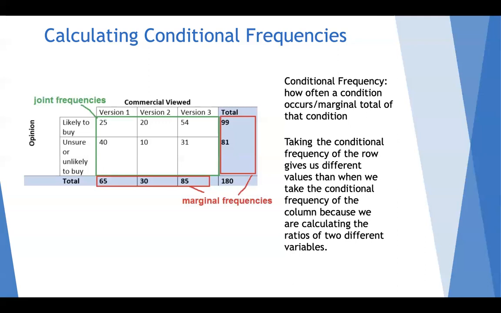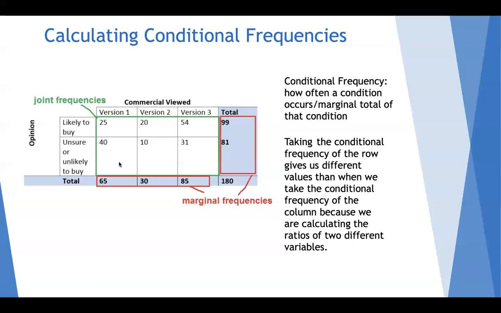So this value is given in relation to the opinion of whether or not they would buy the product. This is talking about how many people were unlikely to buy version 1 in relation to the total number of people in the whole survey that were unlikely to buy a product.